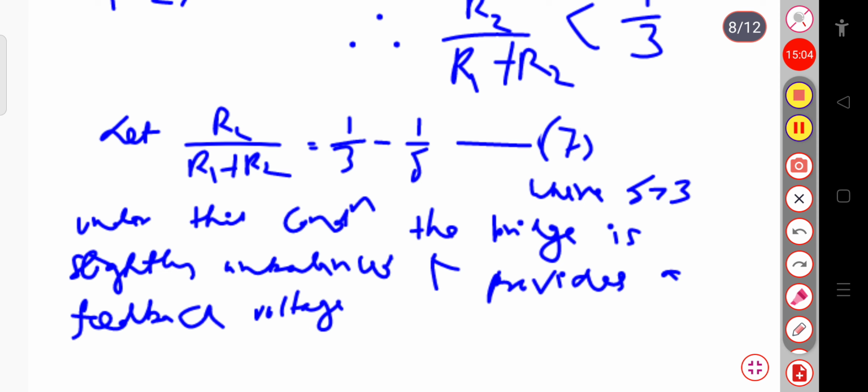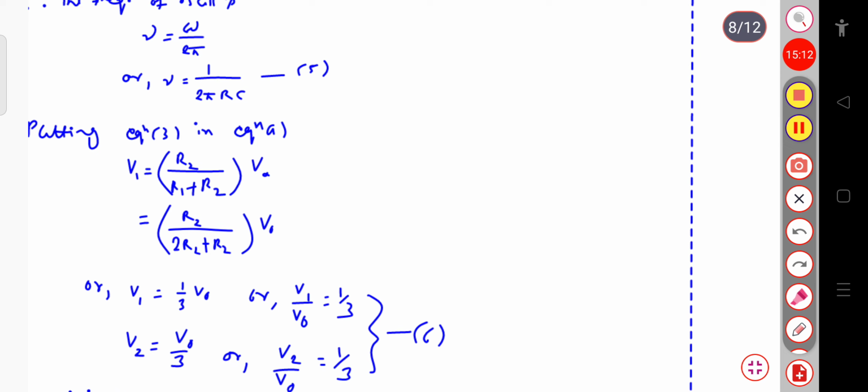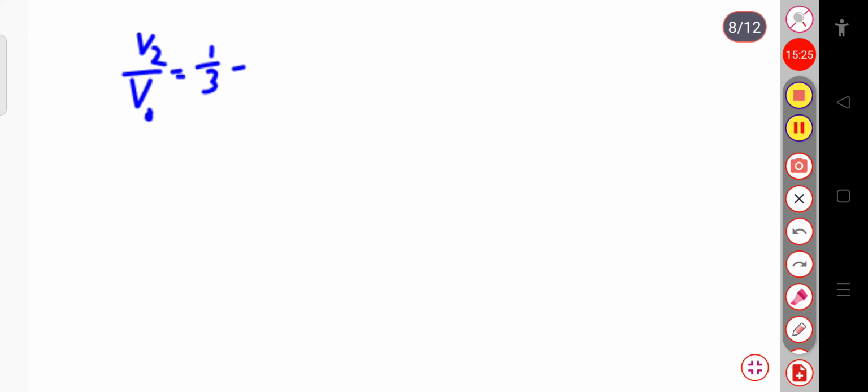Now we can see in equation 6, this V2 by V0 will be equal to 1 by 3 minus 1 by delta. So let me write: V2 by V0 is equal to 1 by 3 minus 1 by delta.